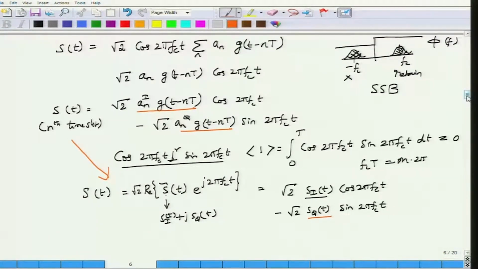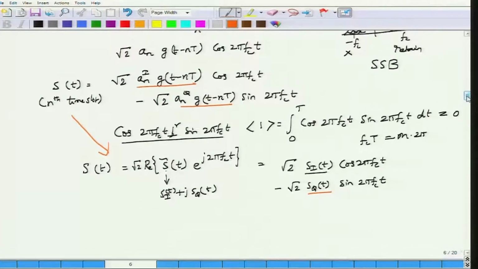The complex envelope for this S of t signal will be ani plus j anq times g of t minus nt. I am assuming that both in-phase and quadrature signals are shaped by the same filter g of t.